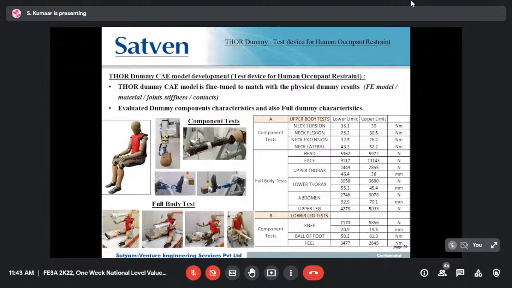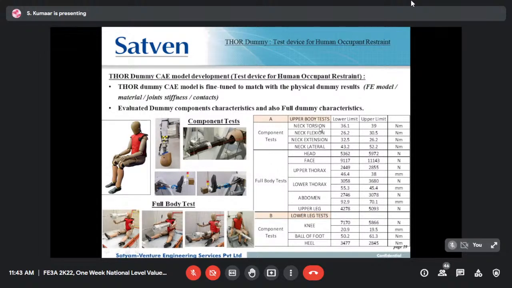Based on that, we need to modify this part. We cannot change the shape of the part, but we are allowed to change the material parameters and material behavior. For neck torsion, I have a lower limit of 36.1 Newton meter and an upper limit of 39. In order to achieve this, I need to change the material property or material characteristics, and we need to achieve the response within this range.